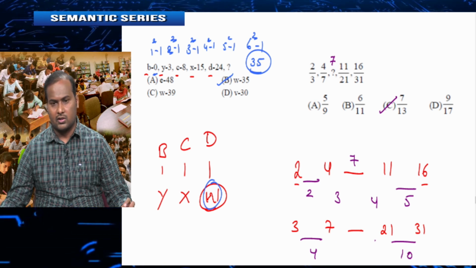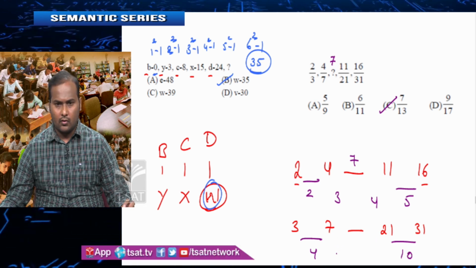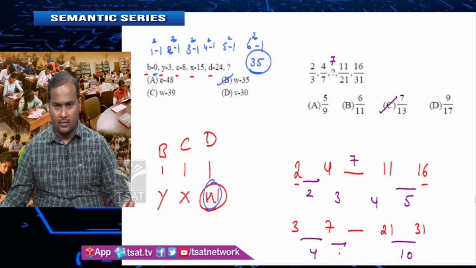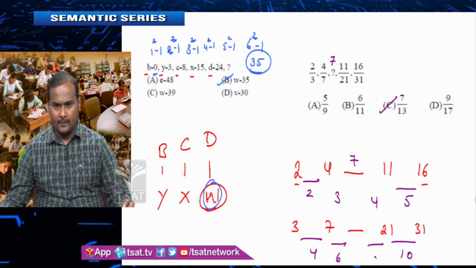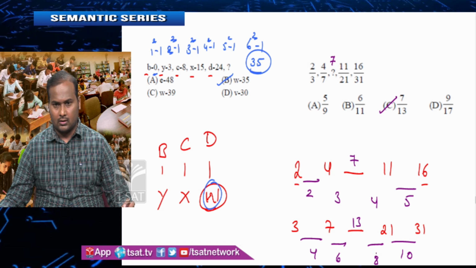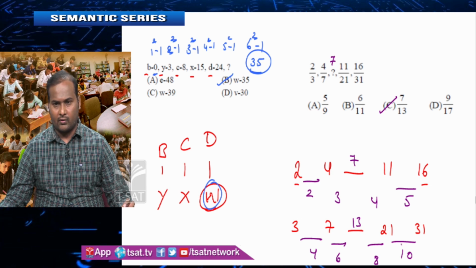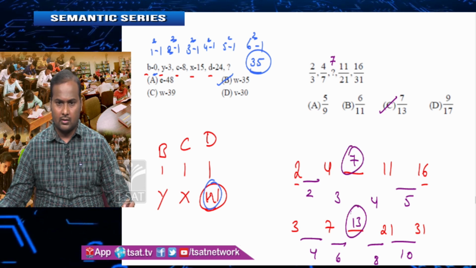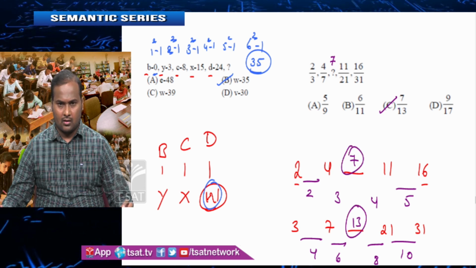So what might be the possibilities in between? That is 4, 6, 8, 10. So obviously the difference here will be 6, and here the difference will be 8. So 7 plus 6 is 13, 13 plus 8 is 21, 21 plus 10 is 31. So your answer is 7 by 13. So 7 by 13 is the answer.